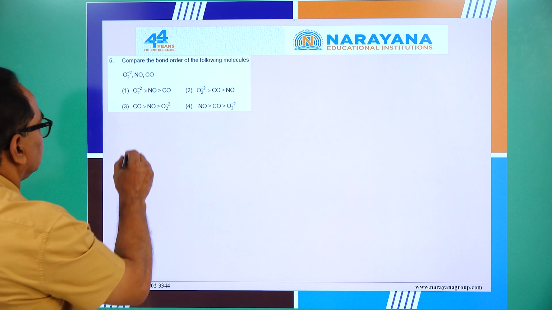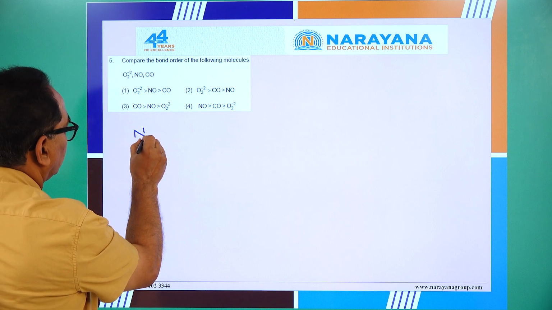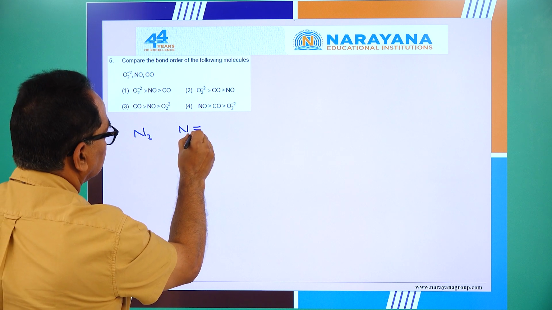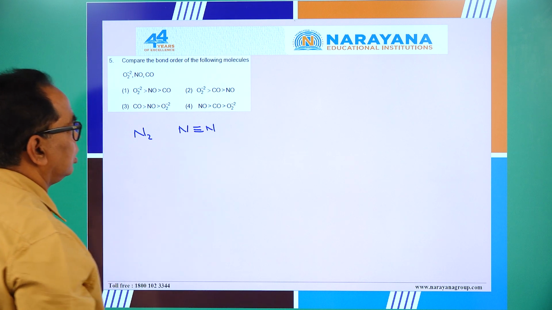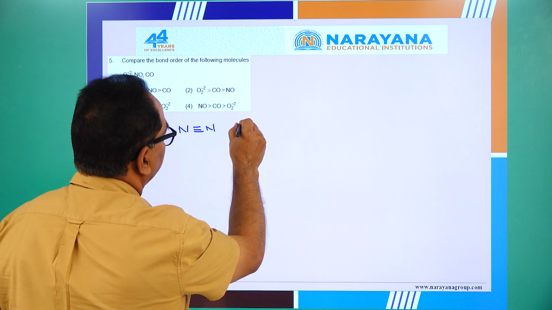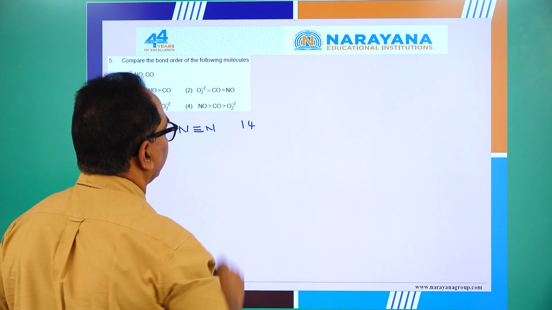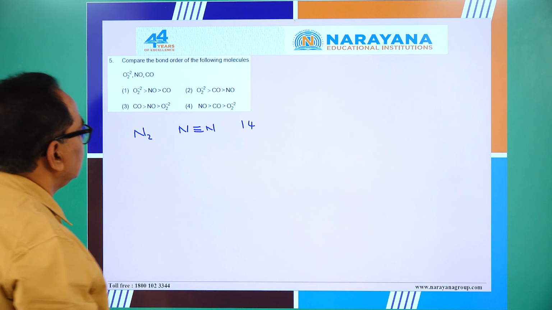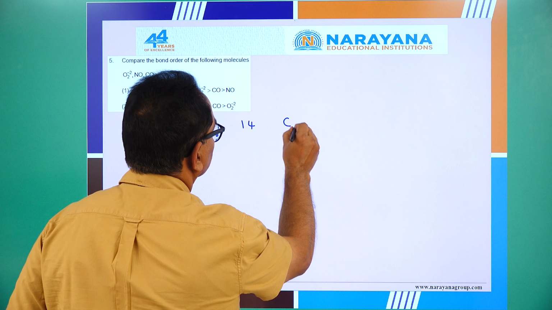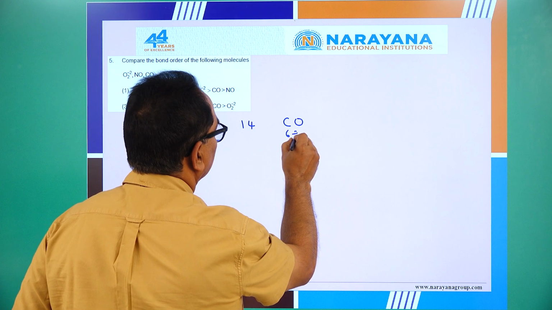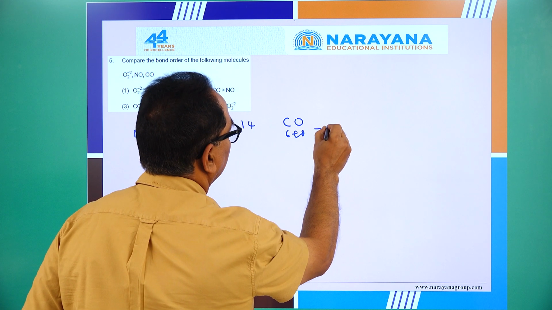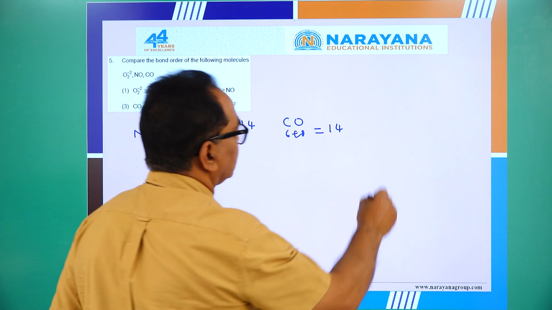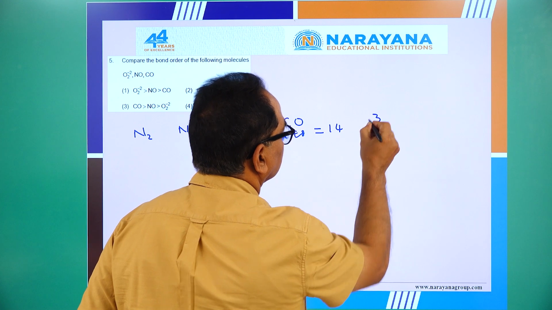For example, if I take N2 molecule, which has a bond order 3, the total number of electrons is 14. The same number of electrons are present in carbon monoxide also, 6 plus 8, so 14 electrons. For carbon monoxide also, you can expect the bond order 3.